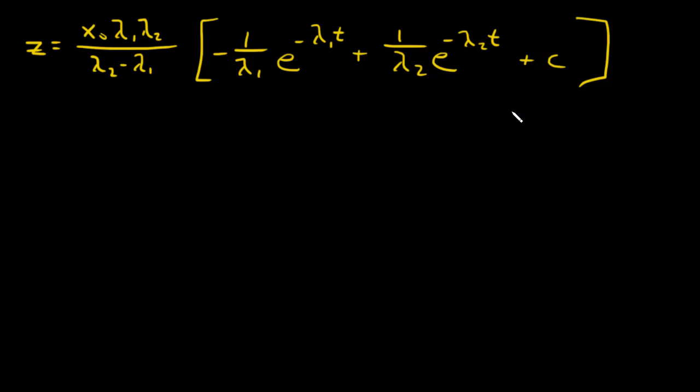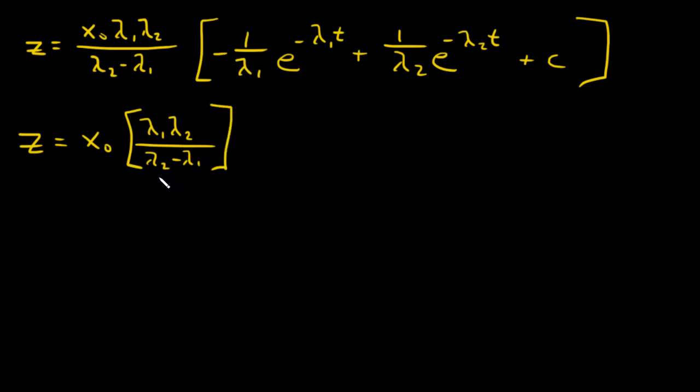Okay? So that is what we get after we take the integral. And so now everything else is going to be a whole bunch of algebra and plugging initial conditions in. So here we go. We wind up with, I'm going to factor my x naught completely out of here. So z is equal to x naught times lambda 1 lambda 2 over lambda 2 minus lambda 1, like that.